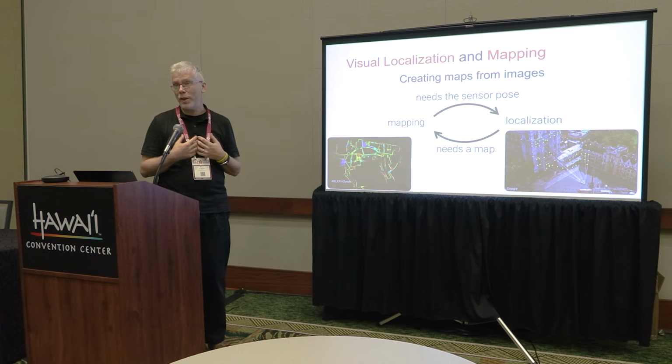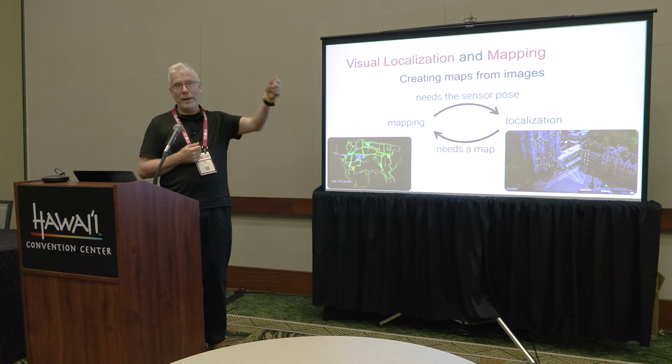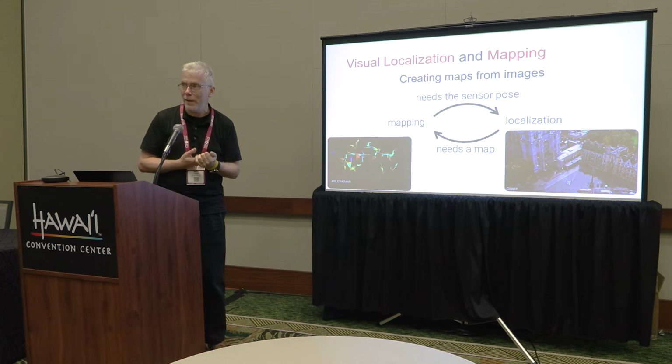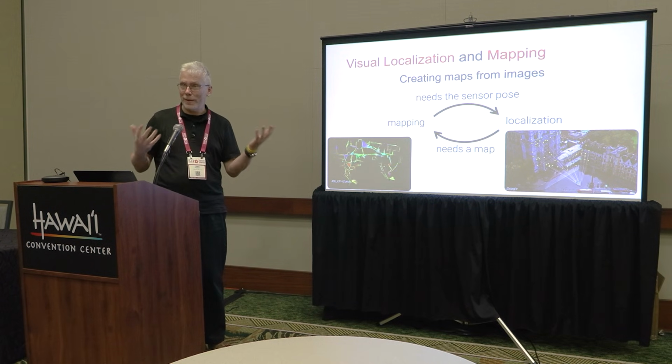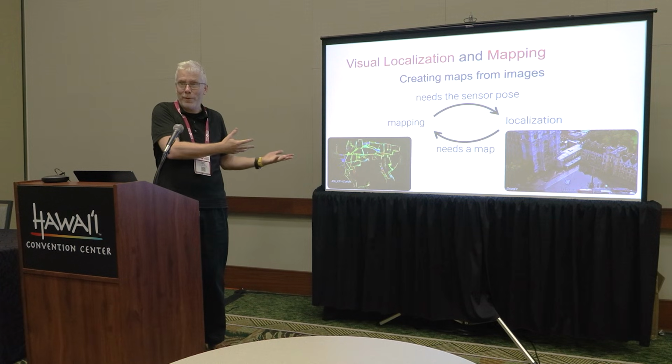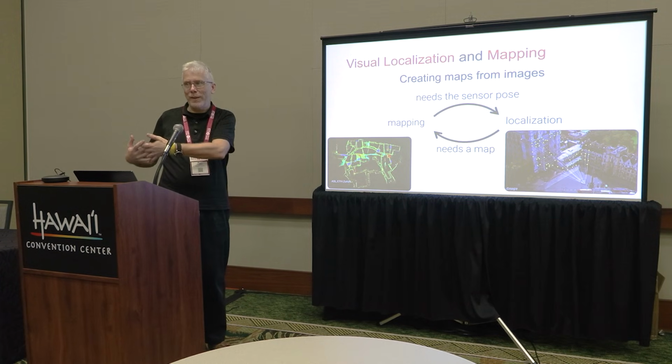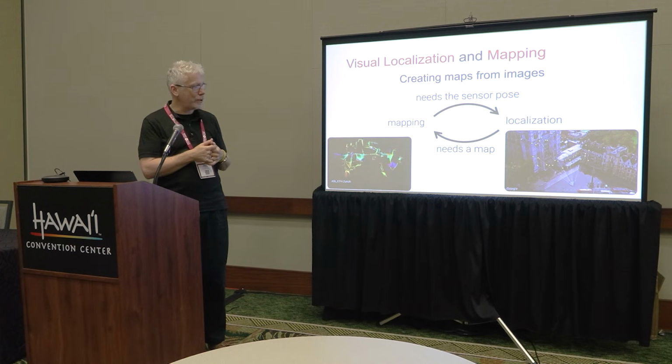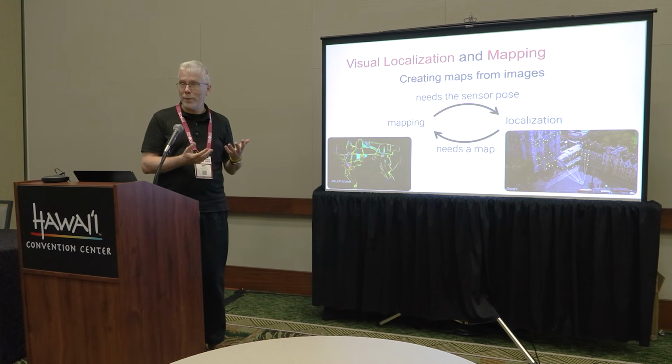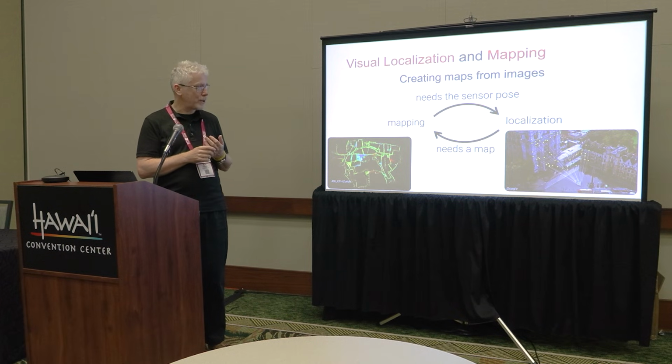It also means that you can share information, because the first person that walks through a place essentially annotates the world, let's say. Then the next person that comes, if the mapping data from the first user can be turned into a map that the second user can localize to, then you can start building scenarios where people annotate the world.